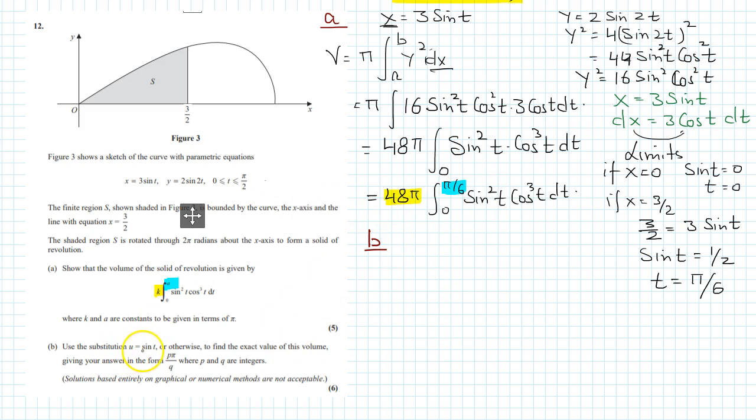Use the substitution u is equal to sine t. So du is equal to cos t dt, so dt is equal to du over cos t.